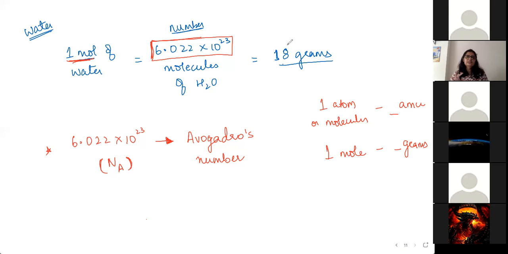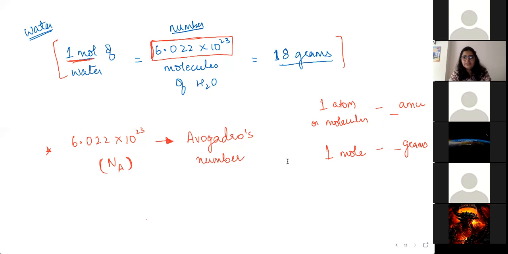What is the number of molecules found in 180 grams of water? Then you know, 18 grams is 1 mole, meaning 18 grams has this many molecules, so how many molecules are in 180 grams? So you use the unitary method. There are some formulas in this chapter, but all the formulas will come back to this relation only. It's just an application of the unitary method.